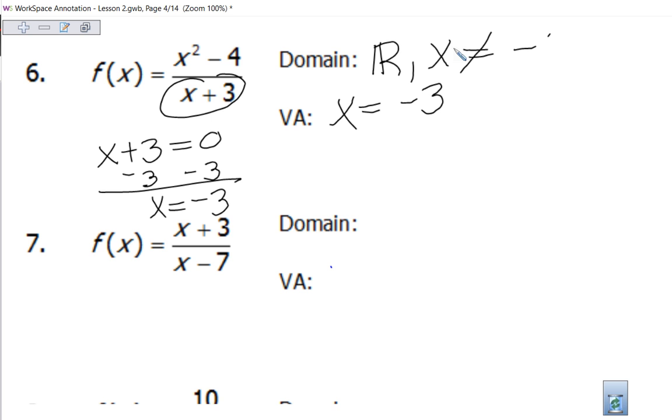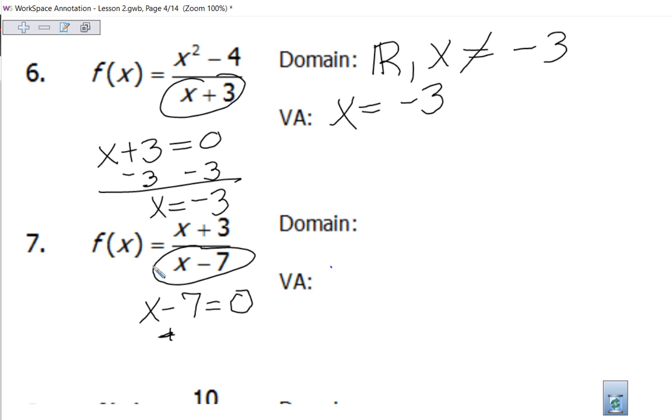Number 7, to find your vertical asymptote, set the denominator equal to 0. So in the denominator I have x minus 7. So take the x minus 7, set it equal to 0. And solve for x, so what will we have to do to get rid of the minus 7?